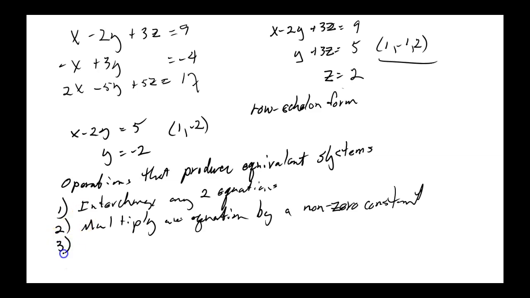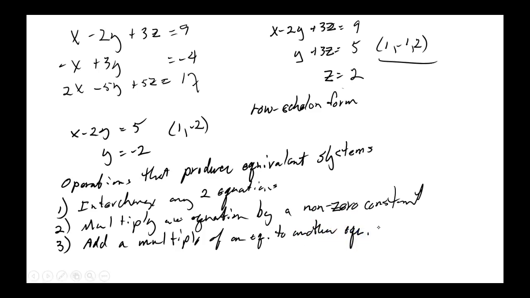Here's the third one. Now, this one's not maybe quite as obvious. Add a multiple of one equation to another equation. But if you remember, we did that earlier, didn't we?